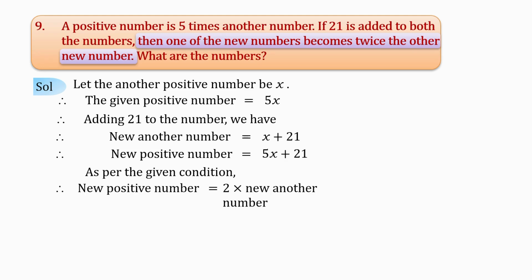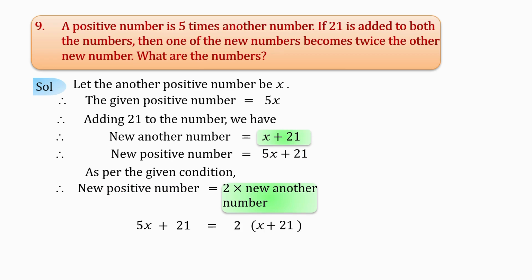So the new positive number is equal to twice the other new number. Here the new positive number is 5x plus 21 because that will be the bigger number. So out of x plus 21 and 5x plus 21, 5x plus 21 is the bigger one. So that is equal to 2 into (x plus 21).